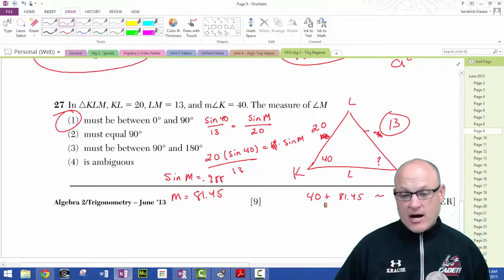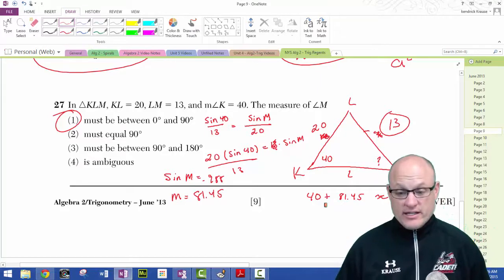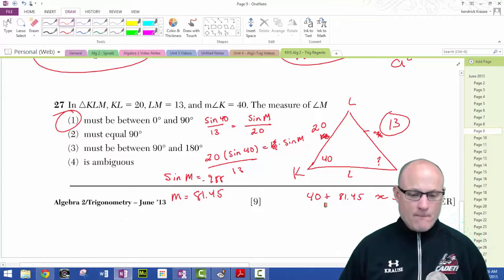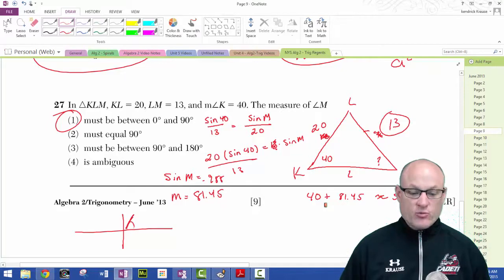So it leaves us about 59 degrees for the last angle. But if you remember correctly, 81.45 degrees is right about here. That's the reference angle. But I could also do a reference angle of 81.45 degrees here, because that also is equal to this 0.988.